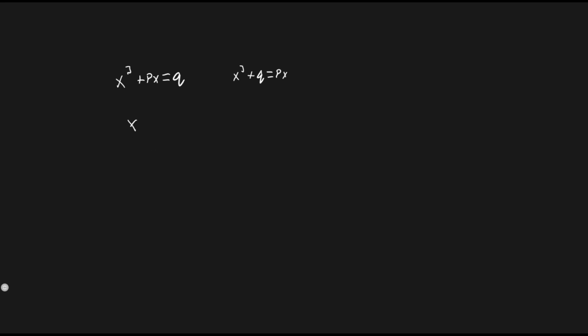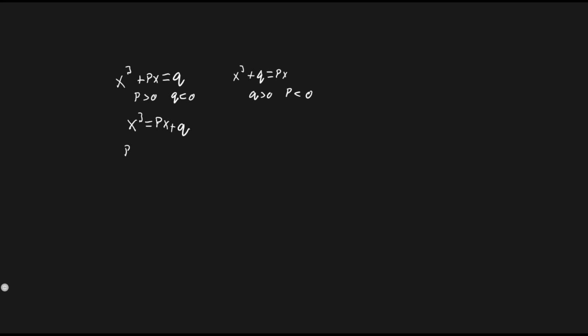We also have x cubed is equal to px plus q, and here I'm going to just write the intervals where p is greater than 0 and q is less than 0, and q is greater than 0 and p is less than 0.